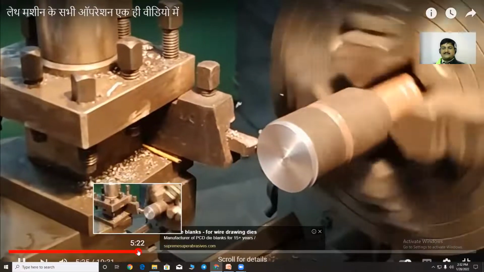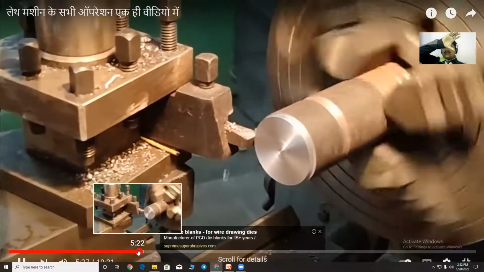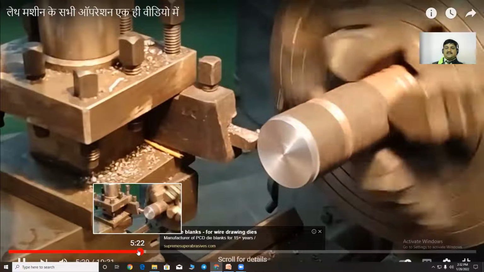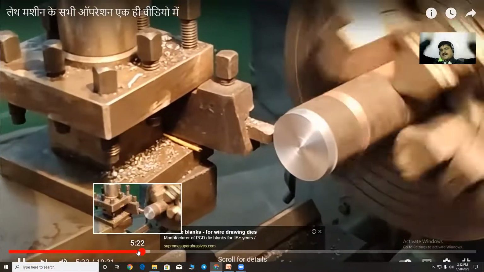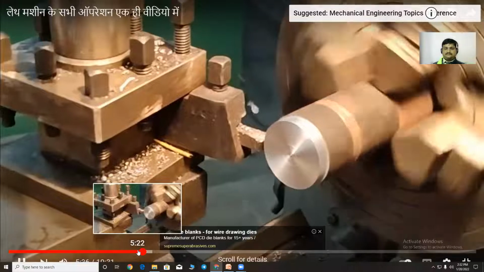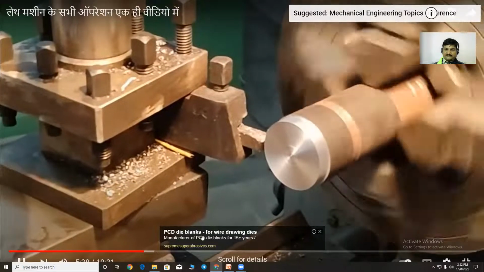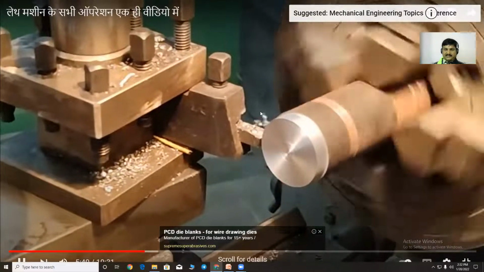Now you can see that he is removing the outer surface. आता तो काय करतोय, फेस कट करत नाहीये, बाहेरचा डायमेट्रिक पार्ट जो आहे तो कट करतोय. So your tool is moving in a linear direction.